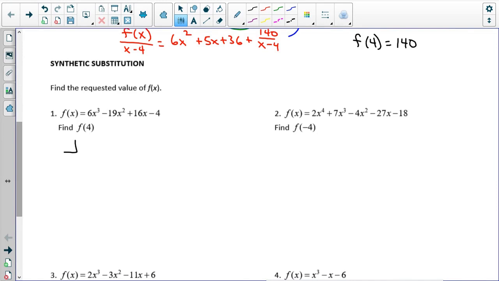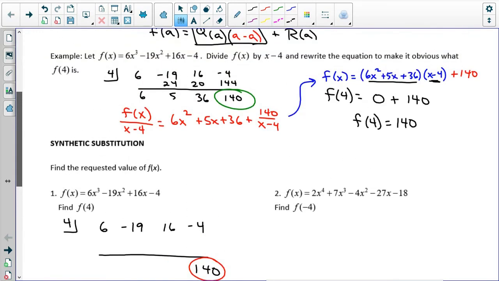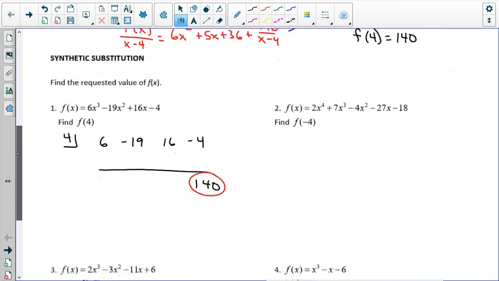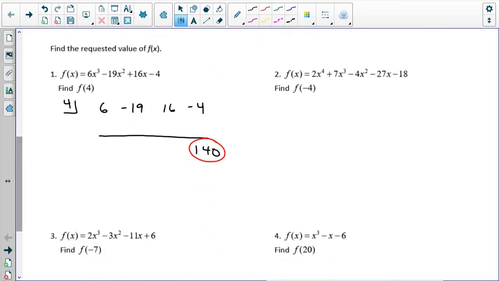So if I take problem 1 and I do all of the work, I'm going to end up with 140. The reason I know that is I just took this exact problem and figured out what would happen if I substitute 4 in. So f of 4 equals 140.